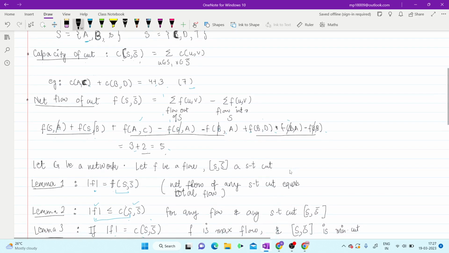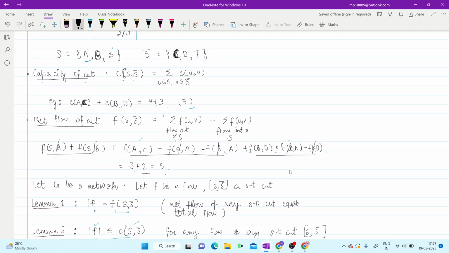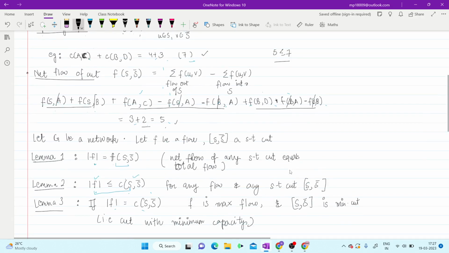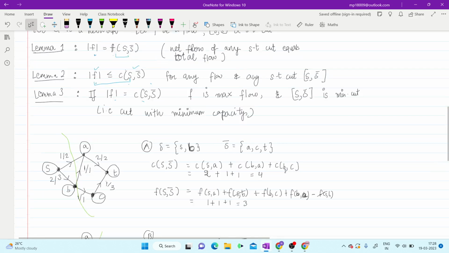The second lemma was that the flow value should be less than or equal to the capacity. Here the capacity is 7 and the flow is 5, and 5 is less than or equal to 7, so the second is also satisfied. And the third lemma is that if the flow is equal to the capacity of some cut, then that cut will be minimum and the flow will be maximum.